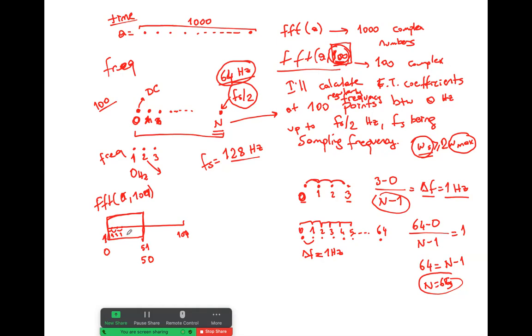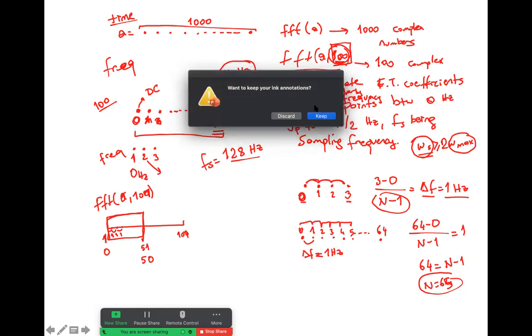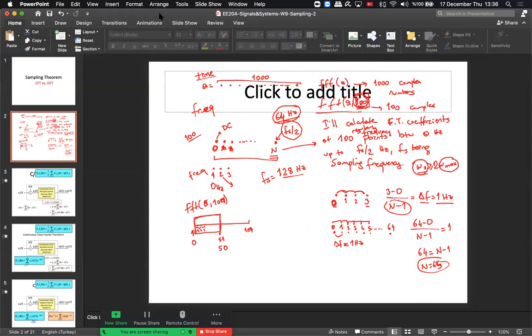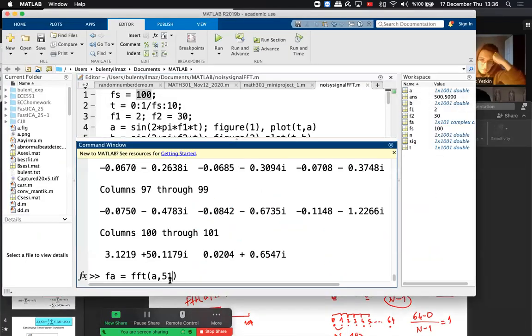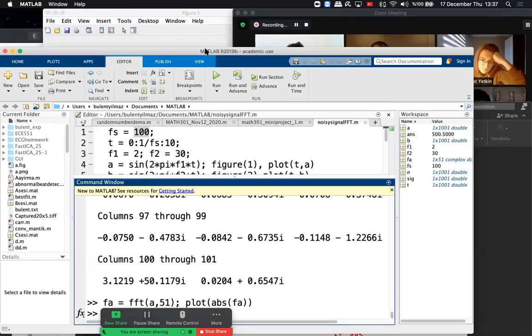Anlıyor muyuz? Yani ne demek istiyorum? Şunu demek istiyorum arkadaşlar. If I write 51 here, what will I see? Plot absolute value of FA. I will see this.